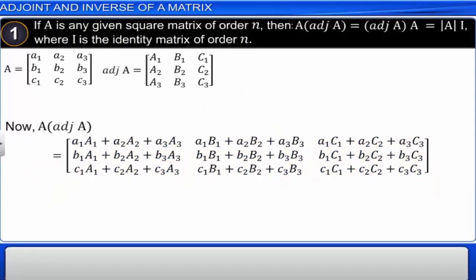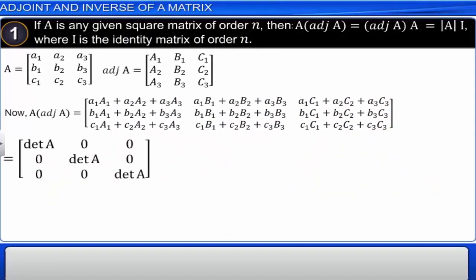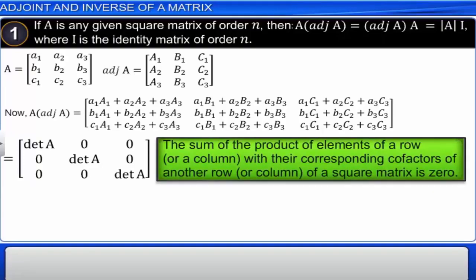This is equal to a diagonal matrix with each diagonal element equal to the determinant of A. This is because the sum of the products of the elements of a row or a column with the corresponding cofactors of another row or column of a square matrix is 0. Now, taking determinant of A common, we get determinant of A times I, where I is a 3x3 identity matrix.